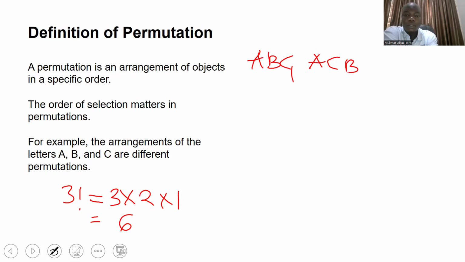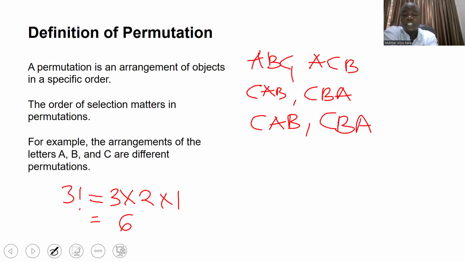We can have B, A, C, and B, C, A. Then we can start with C: C, A, B, and then C, B, A. So these are the 6 possible arrangements of letters A, B, and C.